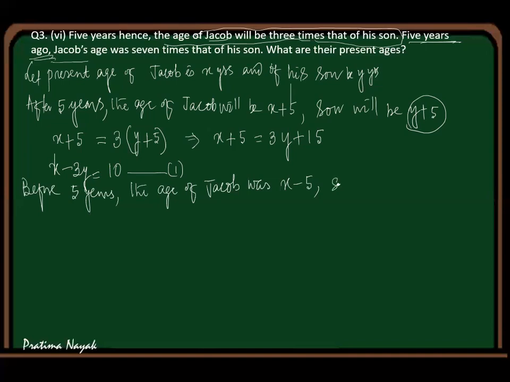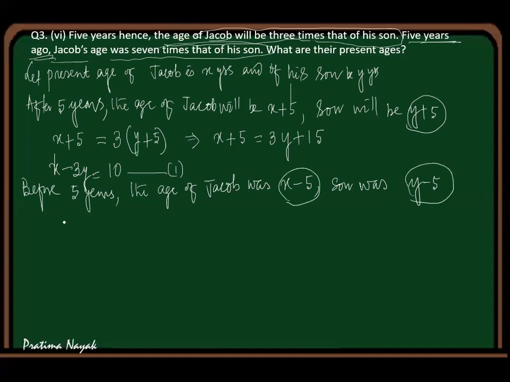Similarly, son will also be 5 years less. Son was y minus 5. After, we are increasing; before, we are decreasing. Then that time Jacob was 7 times the son.